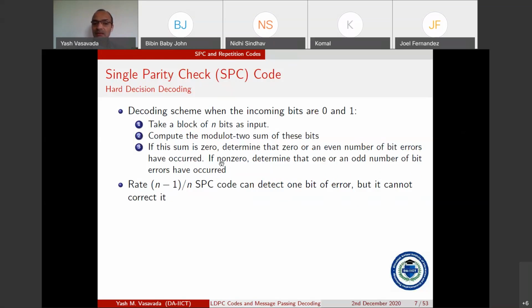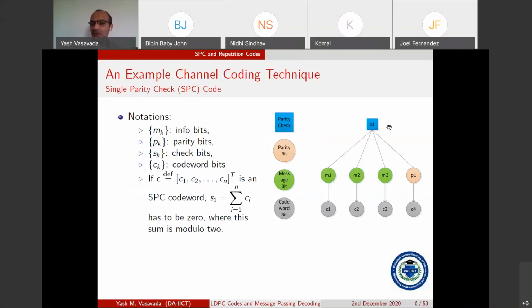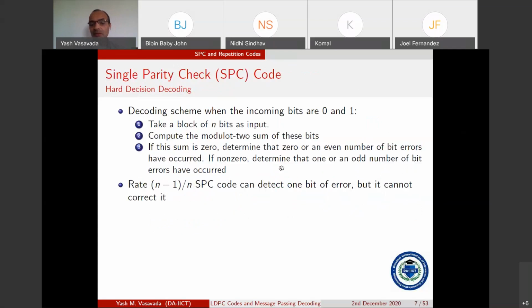And so this S1 supervisory node, also known as the check node, because it is checking the parity among these 4 bits, will now take a value of 1. So whenever it takes a value of 1, we right away can say that some error has happened. And we may not be able to correct it, but at least we will be able to identify that an error has happened.